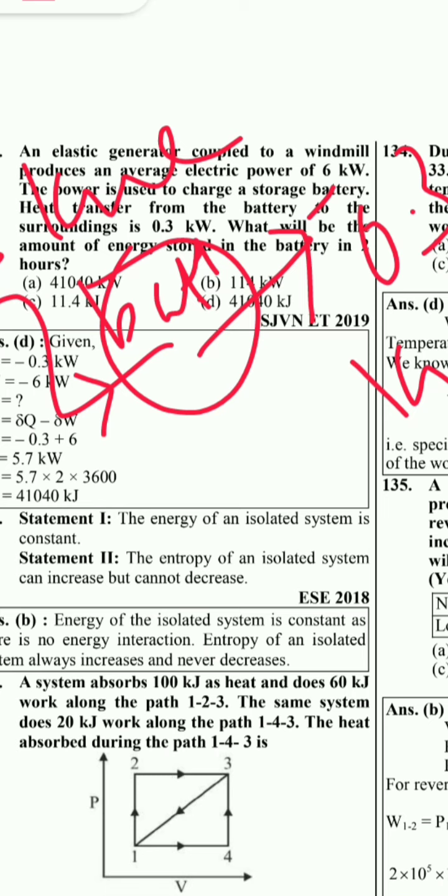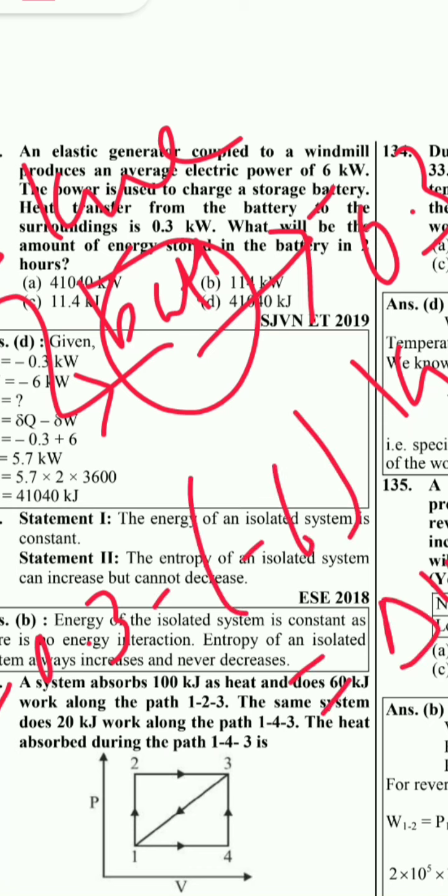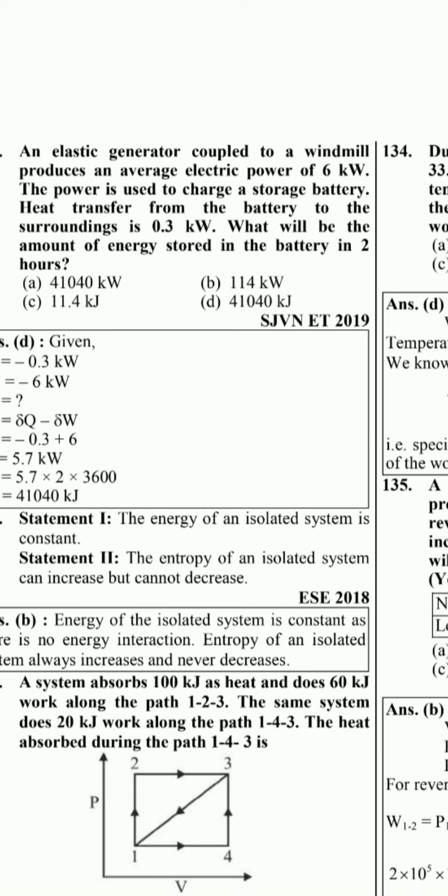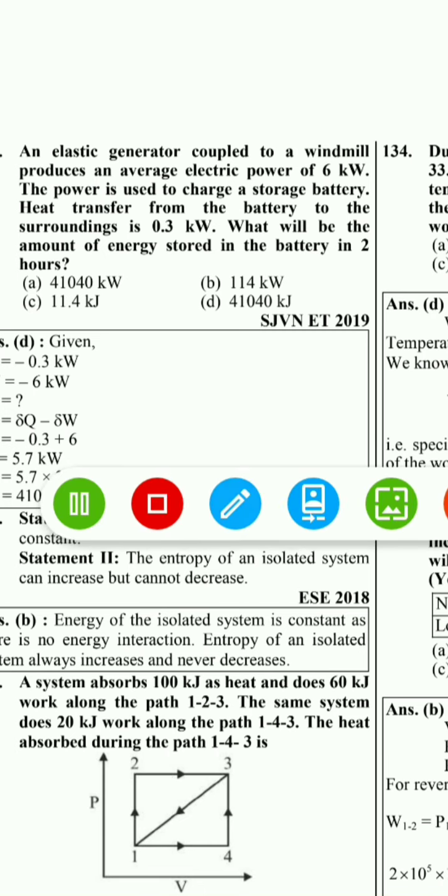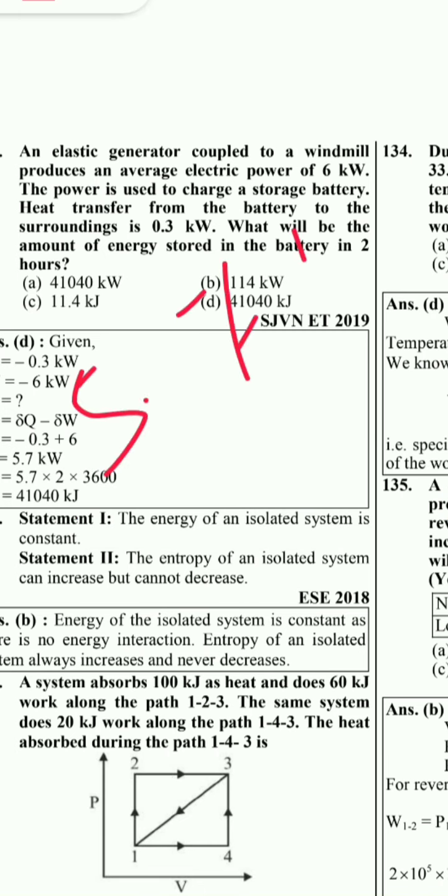So Q is minus 0.3, then W is minus of minus 6, which will be equal to delta U, and delta U is the change in internal energy, that is the energy that is in storage. So it comes out to be plus 6 minus 0.3, which is 5.7 kilowatt. So the internal energy stored in the system will be 5.7 kilowatt.